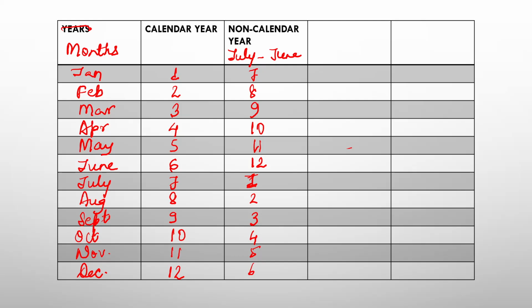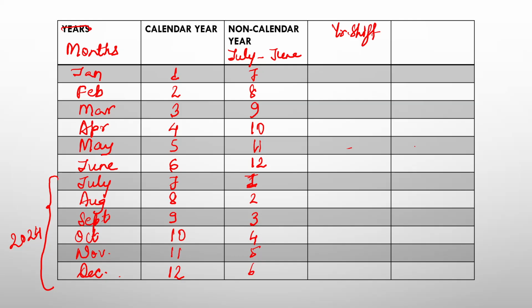Now, as I told you, we have to ask our client which fiscal year they actually want to follow. Say for example we are currently in 2024, right? If our client says that from July onwards they want 2024 itself, what will be our year shift?